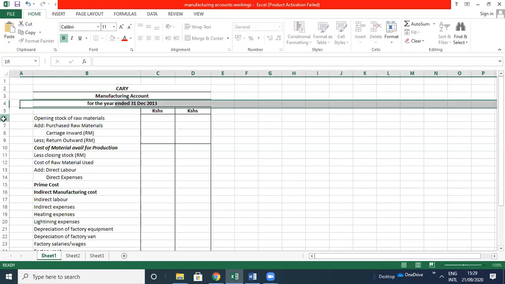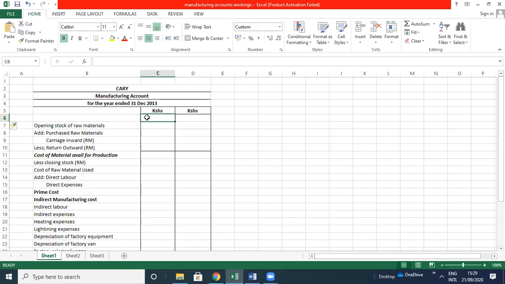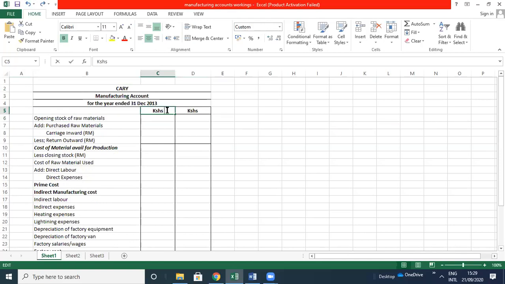And then for ease of calculations, we can also put this in the form of shillings, 1,000. Good, 23, we can put it here as 2,300, right?